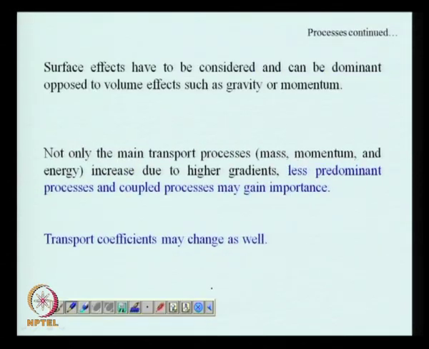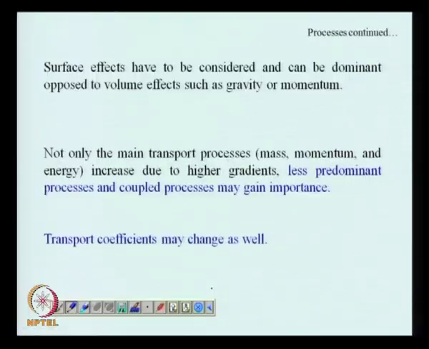Now, the direct implication of this is that we need to consider the surface effects which can be dominant in microscale, and not only will the main transport processes increase due to higher gradients, less predominant processes and coupled processes may gain importance.